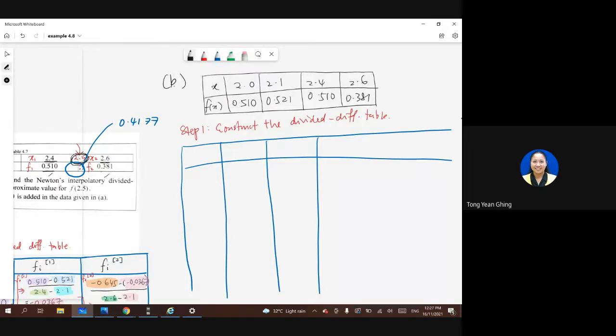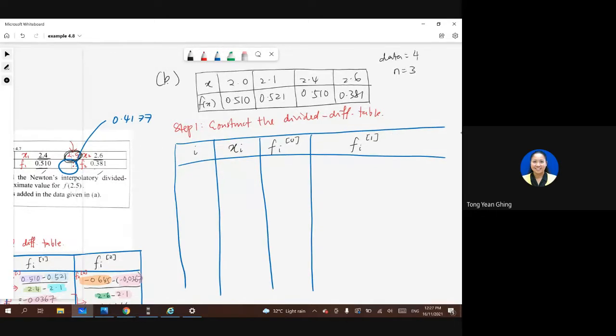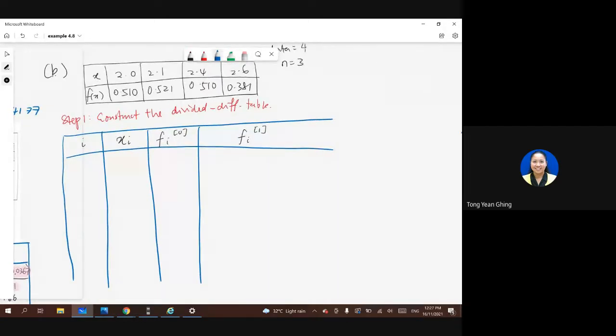So start from i, xi, fi 0. So kita akan ada fi 1. So this one is 1, 2, 3, 4 data point. So that means n equal to 3. Sampai 3. So nantilah saya anjak sekali. So that means nanti akan ada sampai 3 lah. Akan ada Fi 2 masuk Fi 3. Okay.